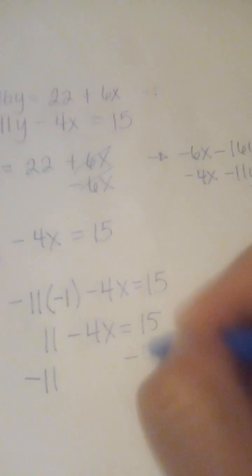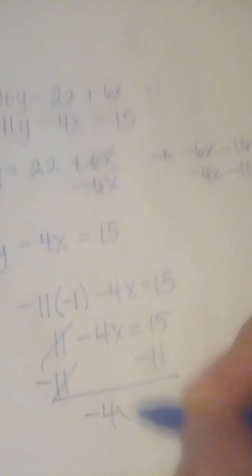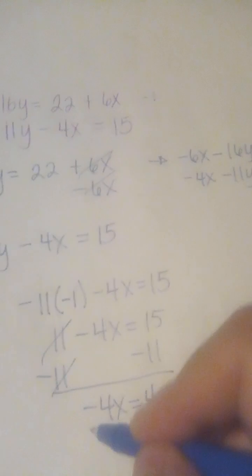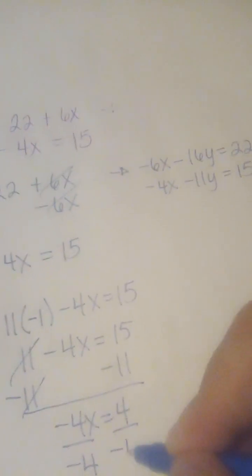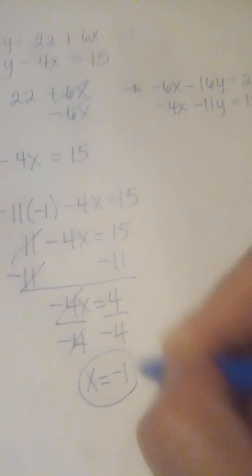Subtract 11 from both sides. Then bring down the negative 4x, and this will be a positive 4. Divide by negative 4 on both sides. Then we have x equals negative 1. These are our final answers.